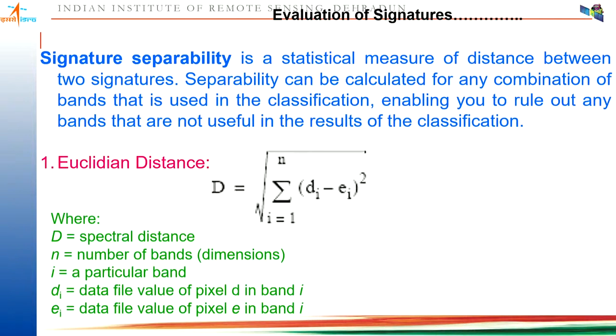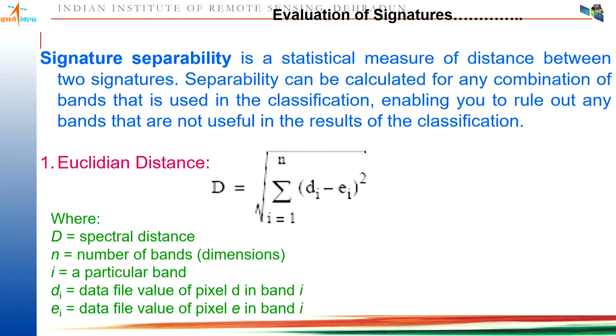We can also calculate certain statistical parameters to check the separability of these signatures. Signature separability is a statistical measure of distance between two signatures. As I have discussed, we can calculate the spectral distance between two pixels.